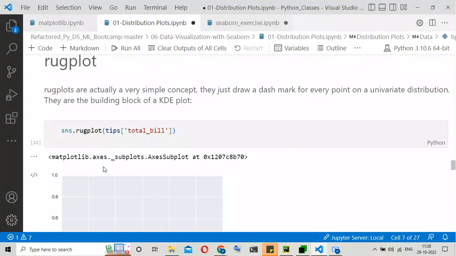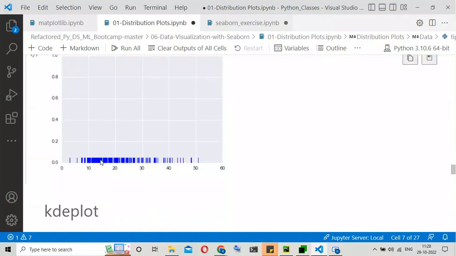Rugs are a very simple concept: they just draw a dash mark on every point on the univariate axis. Based on this density, you can say, from the data, that many people are spending $10 to $20 or $35, and the remaining amounts are very few.